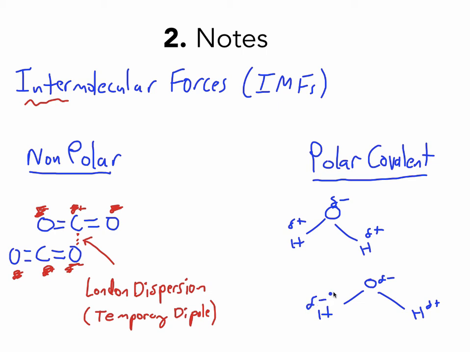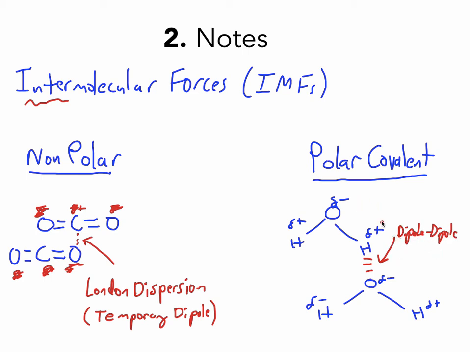Those of you in biology know it's going to line up into kind of a hexagonal type shape. And here, we are going to get a stronger dipole. And this strong dipole is called, and it's really simple, a dipole to dipole interaction.